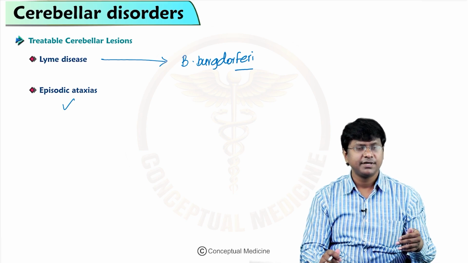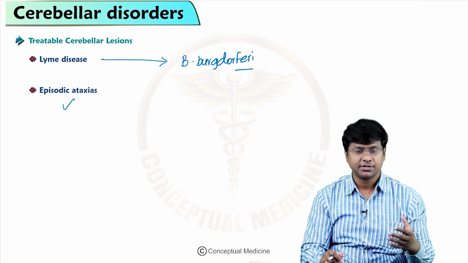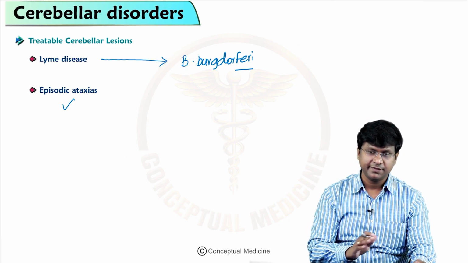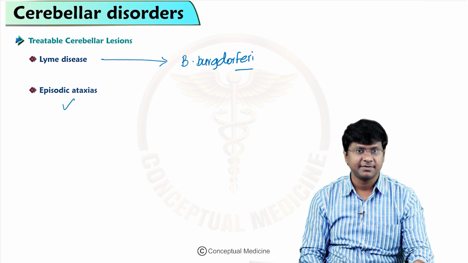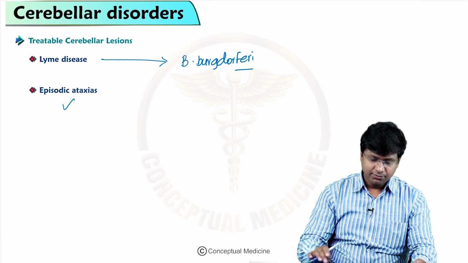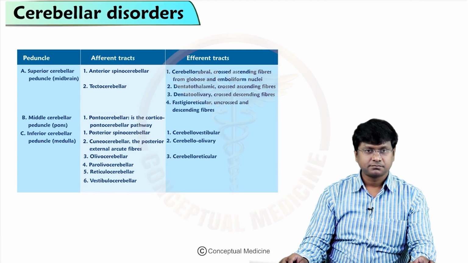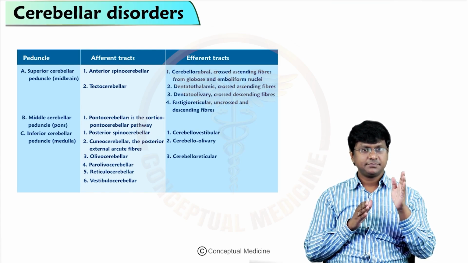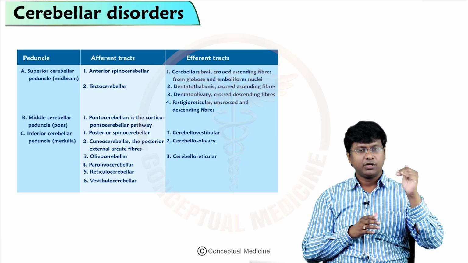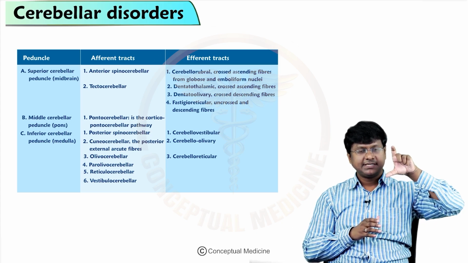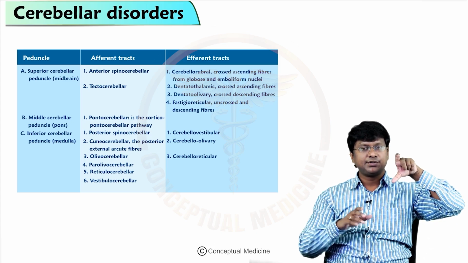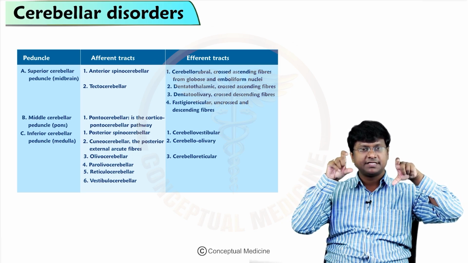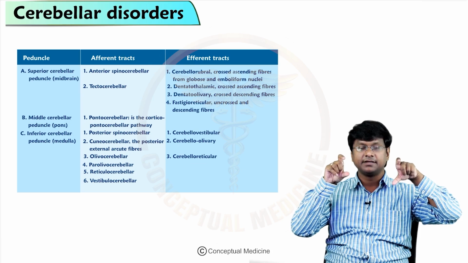So you should be able to make out what is the etiology causing the cerebellar disorder, wherein if it is a treatable cause, we need to treat adequately, and the individual will have recovery of the cerebellar manifestations. Now, if you take the basic anatomy, we have the brainstem, that is midbrain, pons and medulla oblongata, and this brainstem is connected to the cerebellum, and the connection between the brainstem and cerebellum is the cerebellar peduncles.